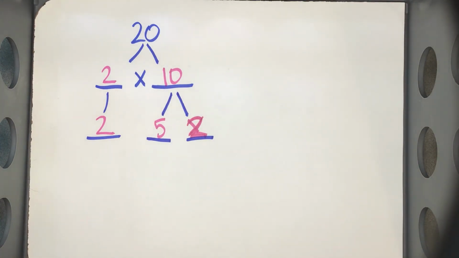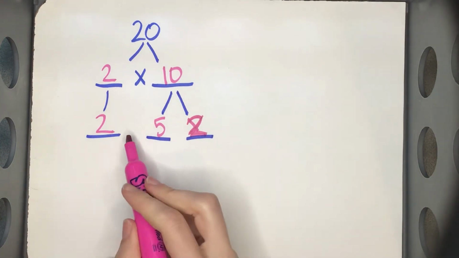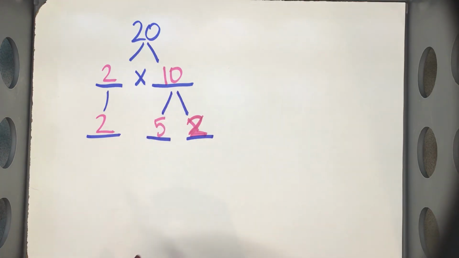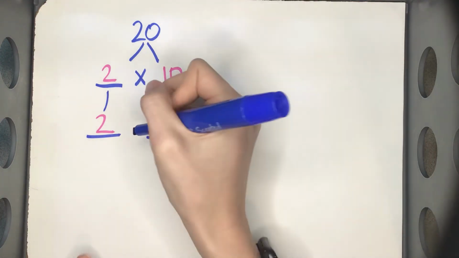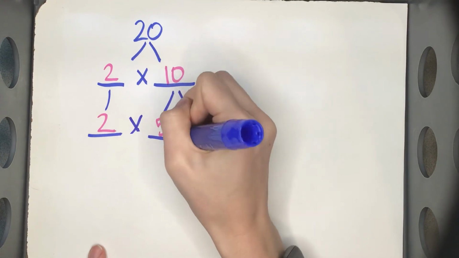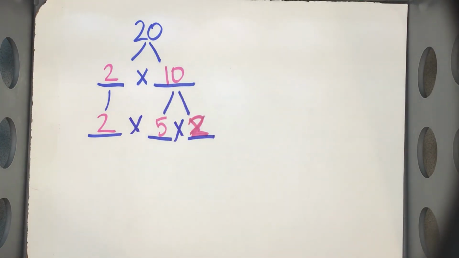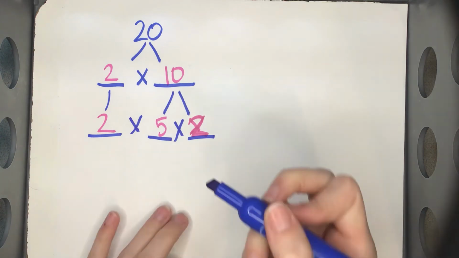I went ahead of myself. And what I'm going to put between these numbers is a multiplication sign. And if you remember, when we were at school, we talked about something called a prime number. Do you remember hearing the word prime number?